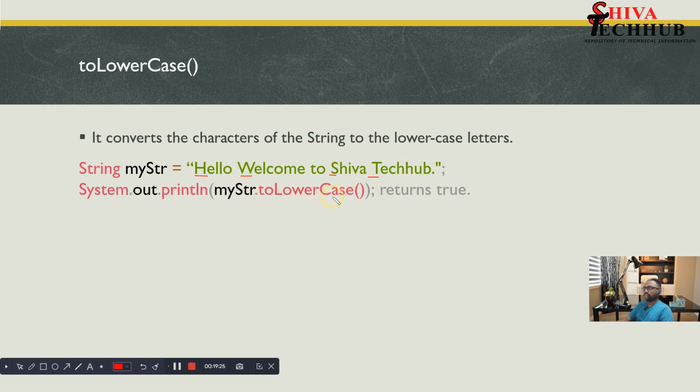Whenever you use this function, irrespective of what is in uppercase or what is in lowercase, it converts all the characters into lowercase. Okay, so it prints the string in lowercase characters. So that is how we need to understand the toLowerCase function.